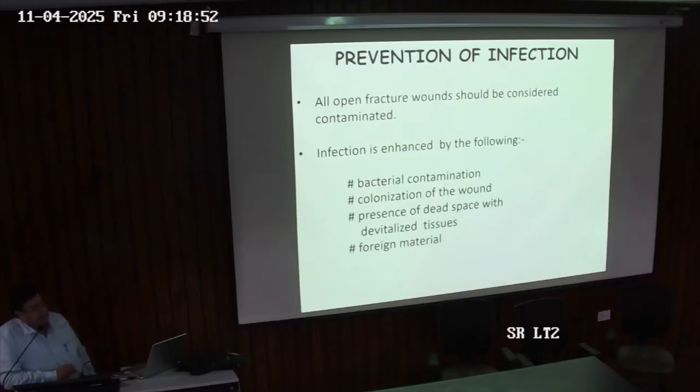So it is enhanced by the following: bacterial contamination, then colonization inside the wound, and if dead space remains inside the wound, that leads to accumulation of body fluids, and body fluids are a very good culture medium, and it enhances the chances of infection.